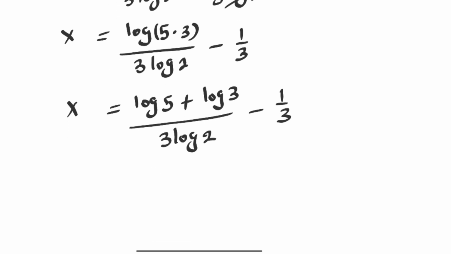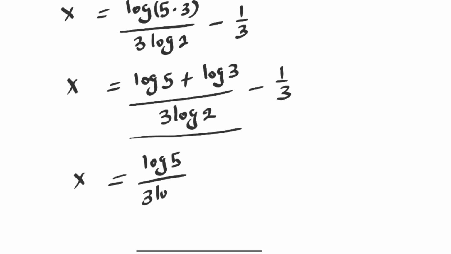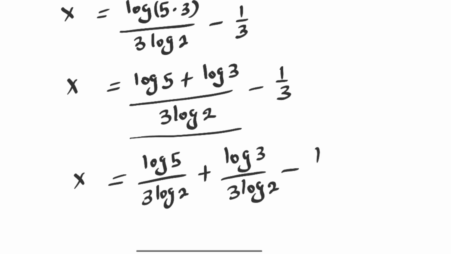Then let's split this. We have x is equal to log 5 over 3 log 2 plus log 3 over 3 log 2 minus 1 over 3.